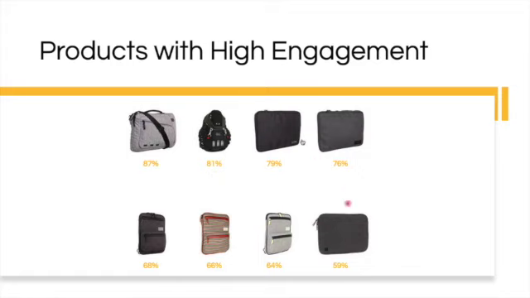So these are the products that create high engagement for new users, so whenever you target new users, these products can be your ads, because we know that if they land on these product pages, they are more likely to look at more products, and eventually visit back and purchase in the future.